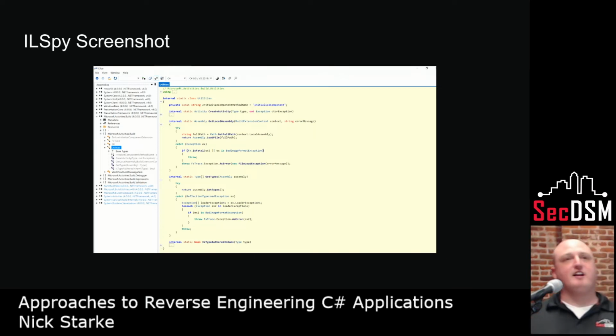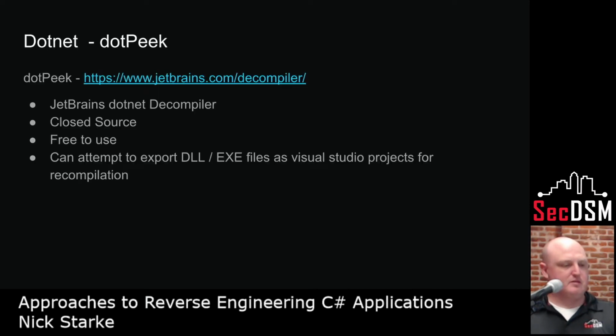So it looks kind of like a read-only IDE, and this is what you get. You load your assembly in, you get a source code-like representation of the assembly in C# format in this main text window.